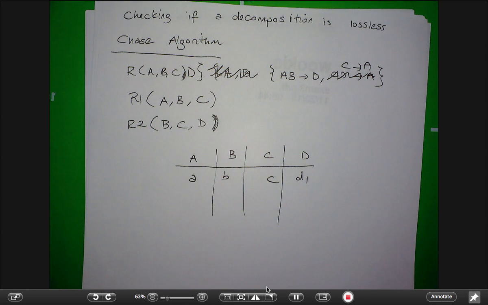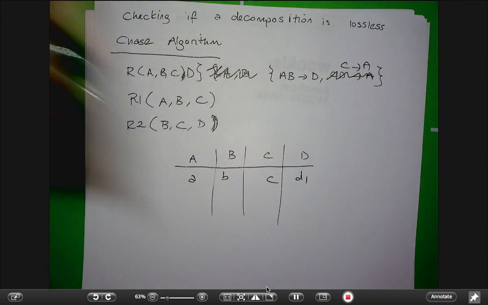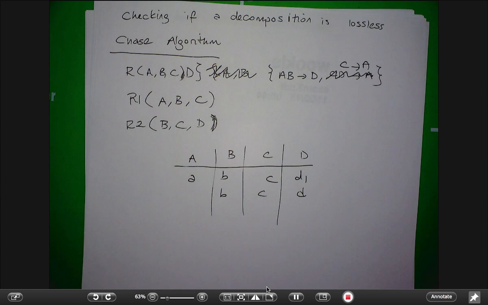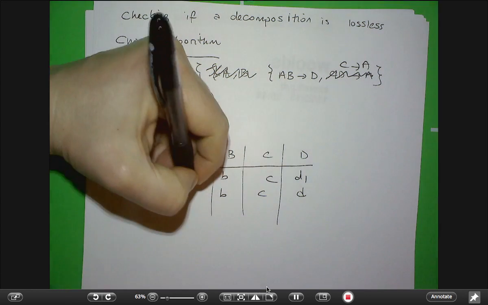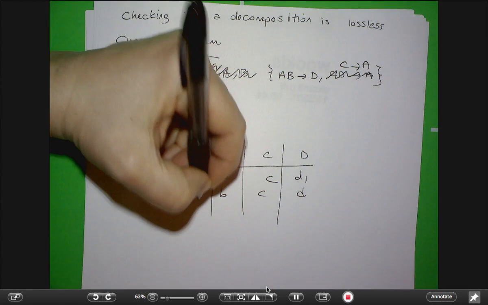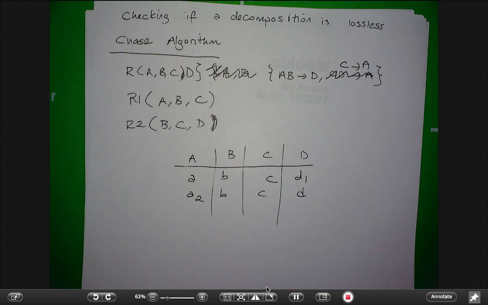For R2, when I look at the tuple, B, C, and D are known, but A is unknown, so I'm going to put another one. Generally, the convention is the first row is ones, the second row is twos, so that you're always going to get a different one.